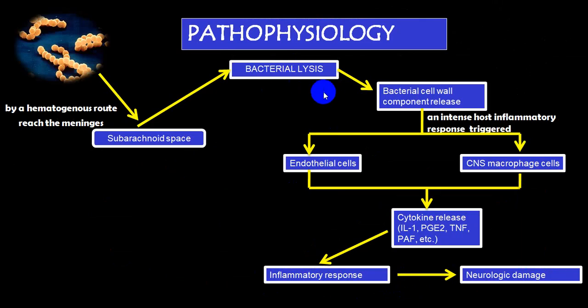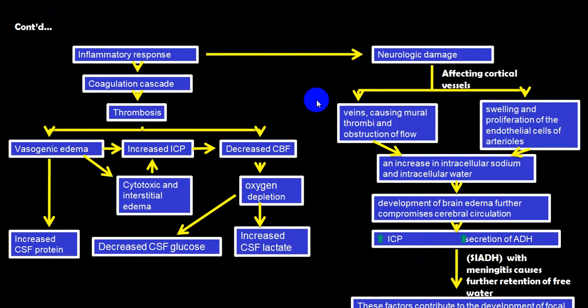So bacterial lysis can give rise to release of mediators and can finally end up with cytotoxic or vasogenic edema, and there is a release of interleukins, TNF alpha, etc. We call it cytokines release and inflammation.